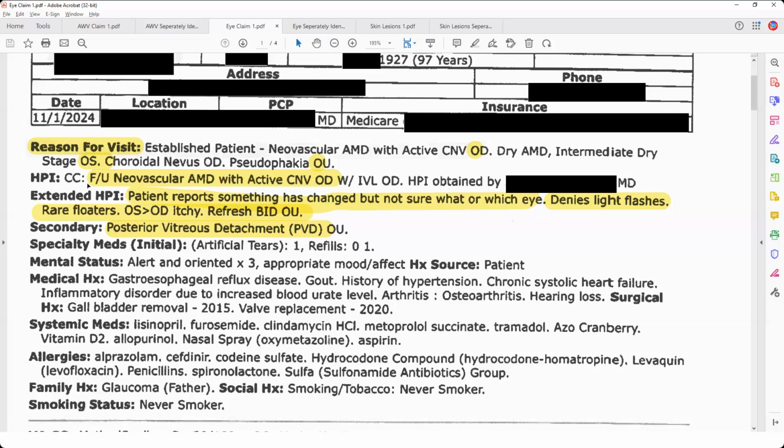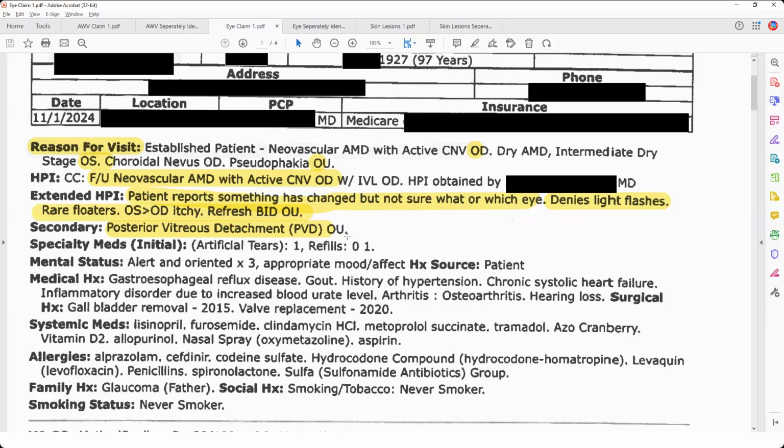So up here under the chief complaints, again, follow up for the neovascular AMD, and they've also had some cataracts here and a little bit of history, but right here under the extended HPI, patient reports something has changed, but not sure which eye.